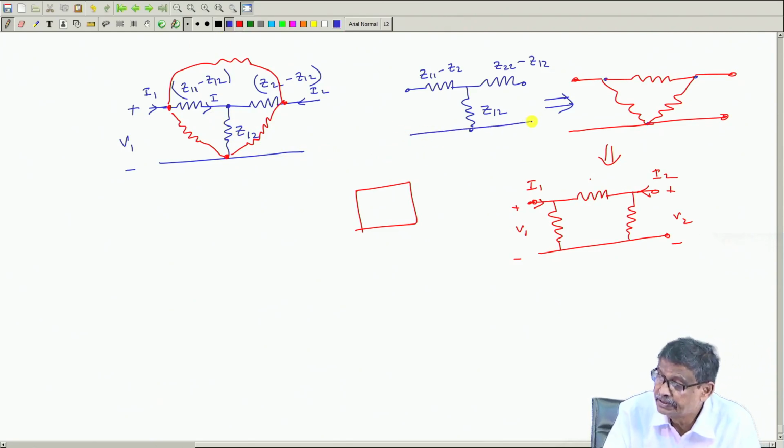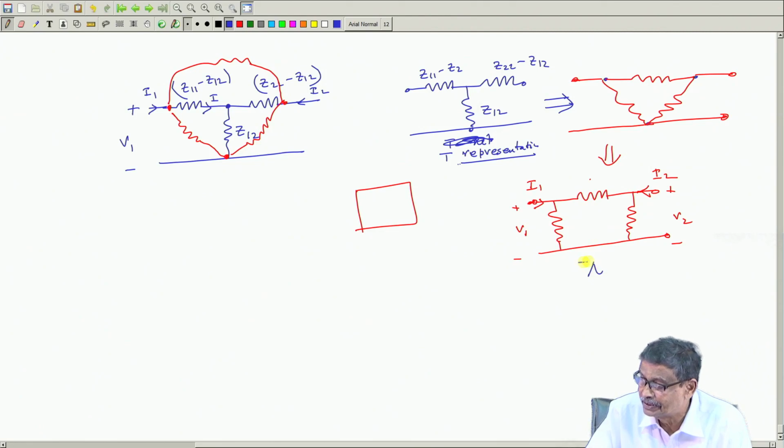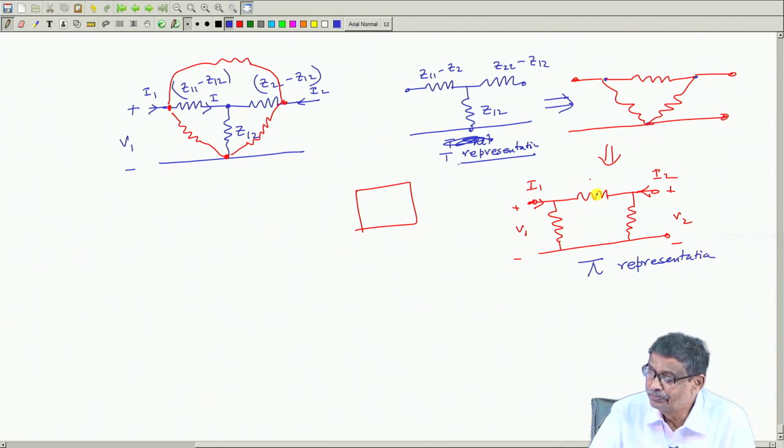This is the T representation, T network, T representation. This is not with ABCD parameters. Or you can say it is a pi representation. Do I know the values of these impedances? Yes, I know, because I know these values, and vice versa.